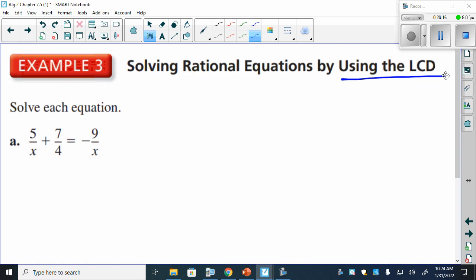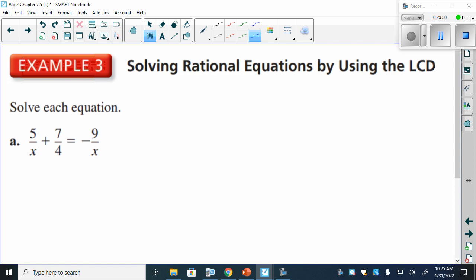Now we could get it to 2 fractions by actually going through the addition process to make these 2 here into 1 so that we can do the cross multiplication, but there's no point to that because we could use the least common denominator, what we were just doing, to actually solve these anyways. And the least common denominator is a set of terms or term that we can multiply every fraction by to get the denominators to simplify out.